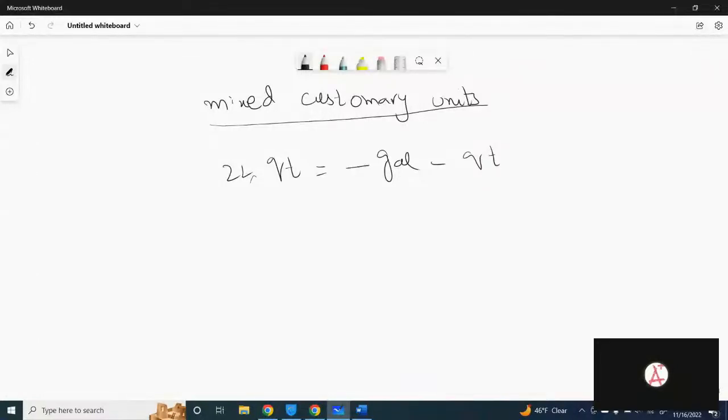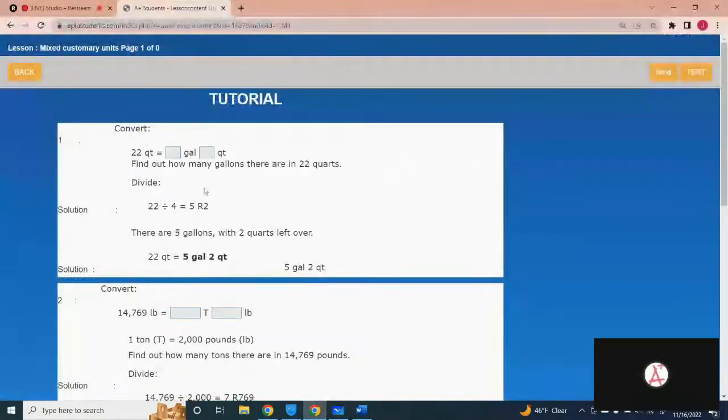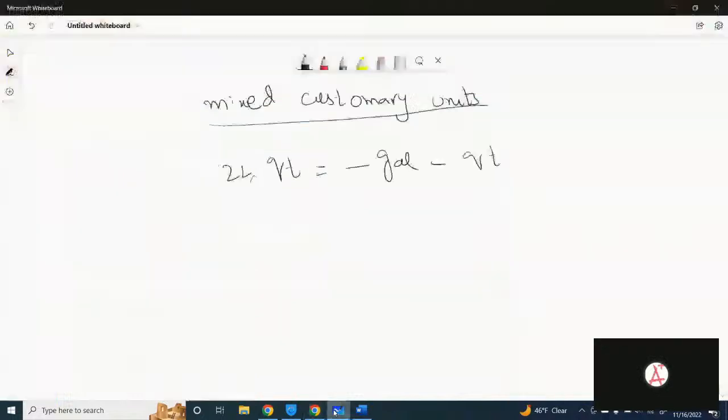Okay. We know that in 1 gallon you have 4 quarts. Got it?